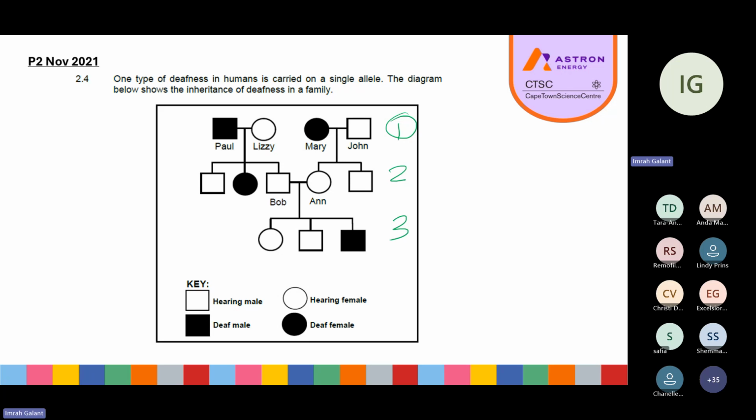Then, we don't have any information on genotypes of the individuals, but just by looking at the diagram, we can see what the dominant characteristic is amongst the individuals, because you can clearly see there are more hearing individuals than deaf individuals. Okay. So let's move on to the questions and see what they ask us.